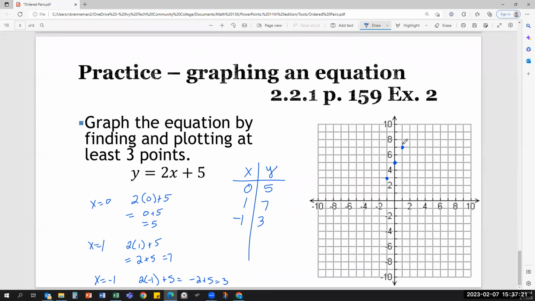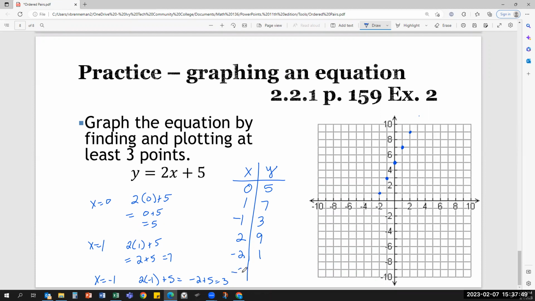And you might be able to start seeing a pattern with those 3 points. If I go 2 times 2 is 4, plus 5 is 9. I can guess the next point is going to be off my graph and be too far. So I'm going to work back the other way. -2, 2 times -2 is -4, plus 5 is 1. So (-2, 1). See if you can predict where the next point is going to go.